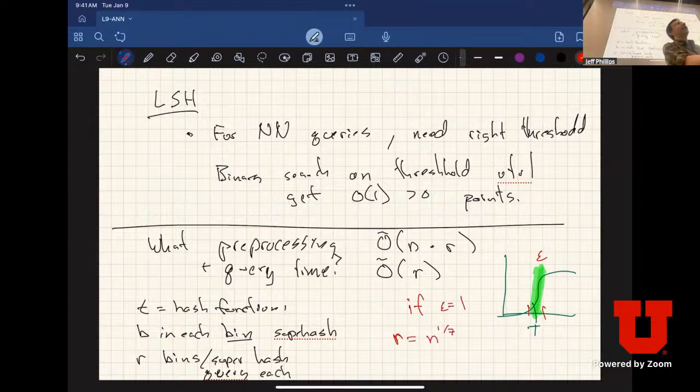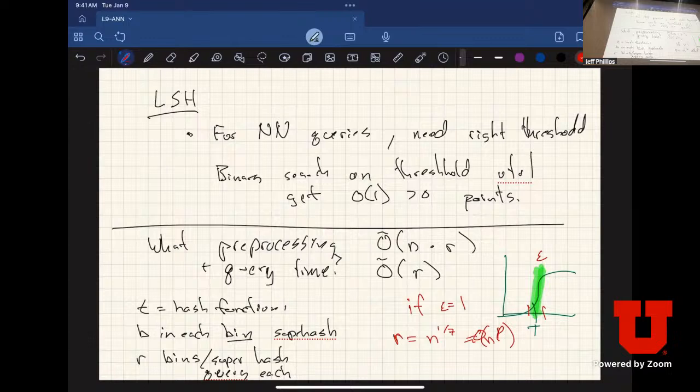So it's a polynomial. In general, it's going to be n to the power of some rho term, where this rho will depend on the approximation factor. But if epsilon is 1, so I get a factor 2 approximation, it's roughly n to the 1/7. Okay, so I wanted logarithmic runtime. This is the algorithms class you probably learned.